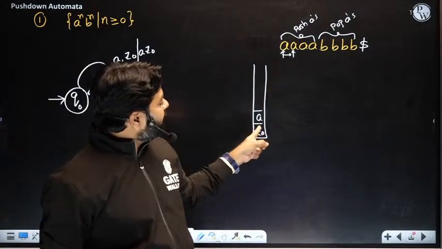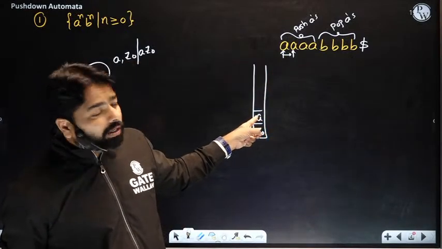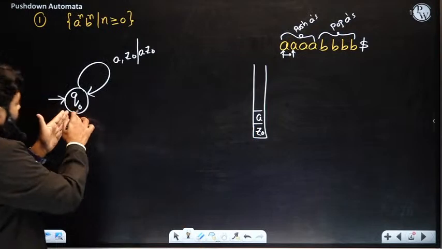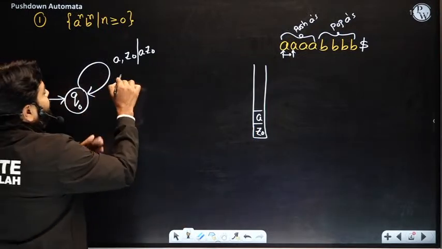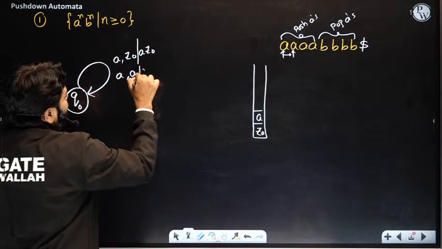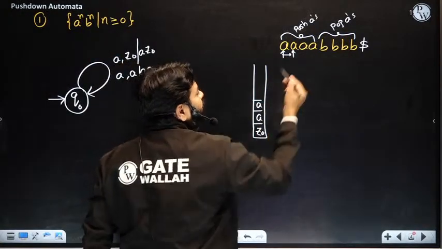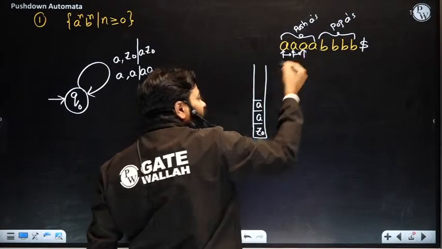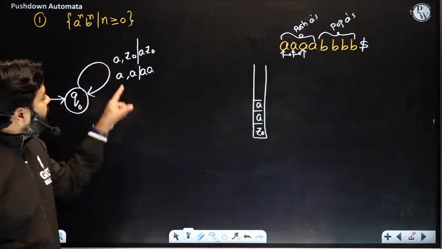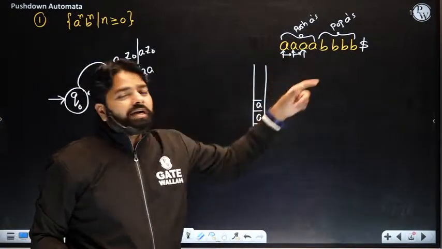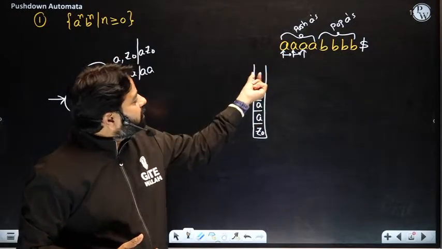Because the next A cannot see the Z0 on the top of the stack. What it sees is A. For that you have to take another self loop, or you can write here itself, A comma A slash double A. Now this A comma A pushes one more A, and next time this A comma A is going to help, because from the second symbol onwards every A is going to see only A on the top of the stack.